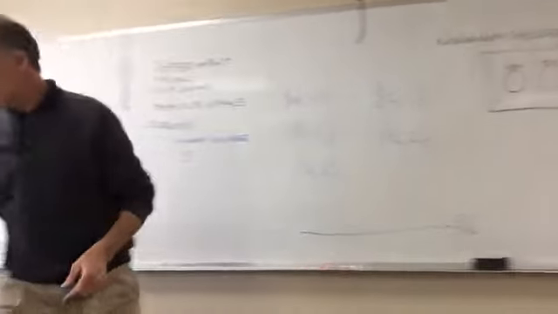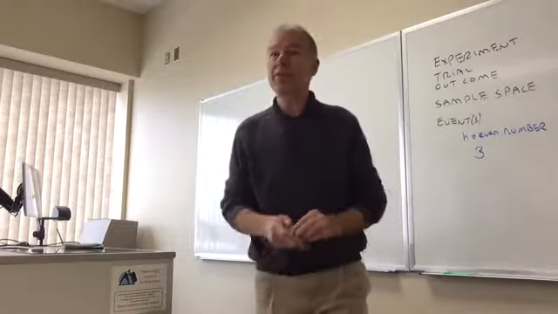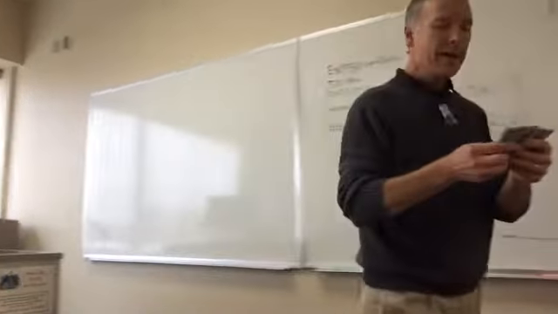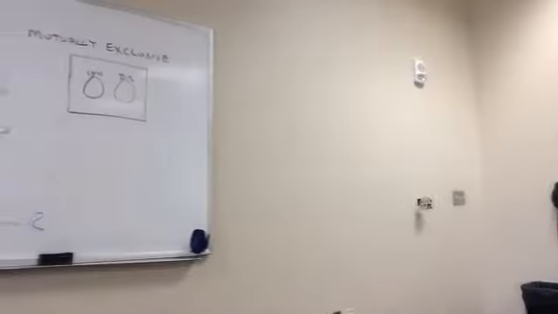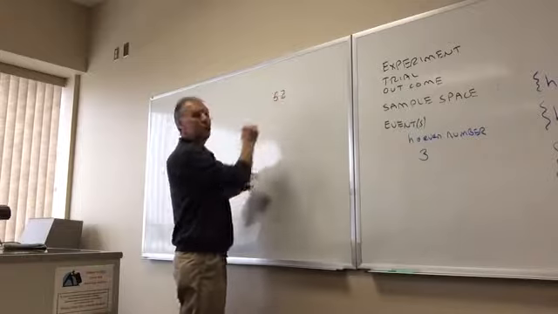The easiest way for me to explain mutually exclusive is to tell you something that's not mutually exclusive. I could ask you, what's the probability of getting a red card? In a deck, in case you don't know, there are 52 cards.